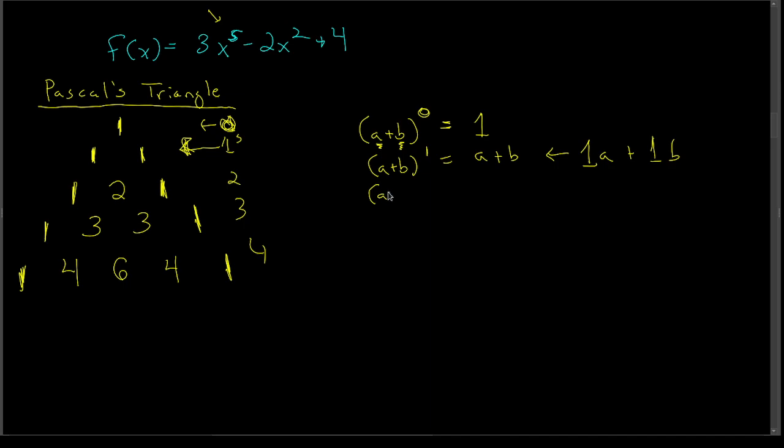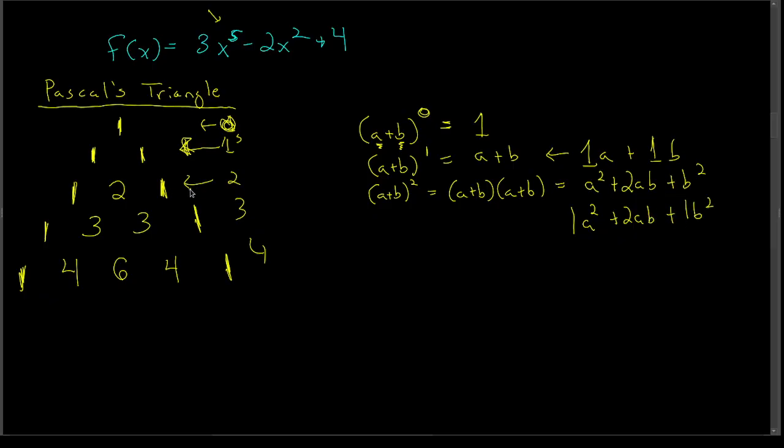So if I square something, I get the first term squared, and then I get this middle term of 2ab, and I get the last term squared. And the multipliers in front of the things here are 1a squared plus 2a times b plus 1b squared. So this row is telling me what the multipliers or the coefficients are. And if I watch my powers, I was to the second power.